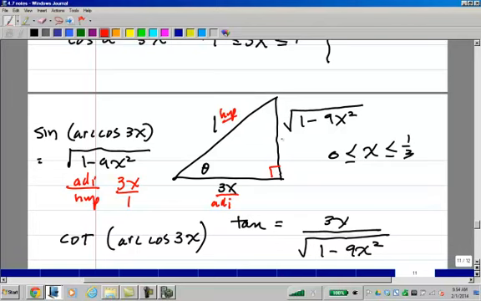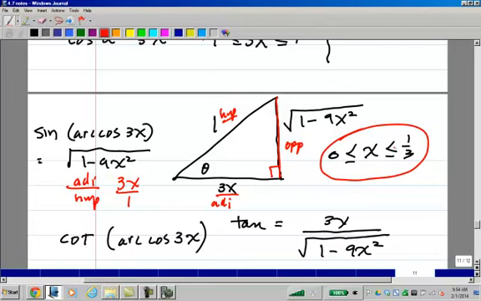Which means that the opposite side has got to be the square root of 1 minus 9x squared. And obviously, x has got to be less than or equal to 1/3 and greater than or equal to 0. No, that's okay. It can be 1/3.